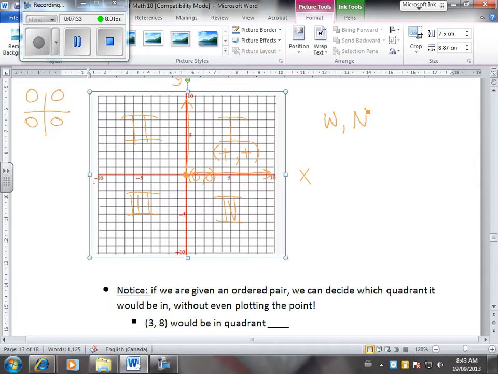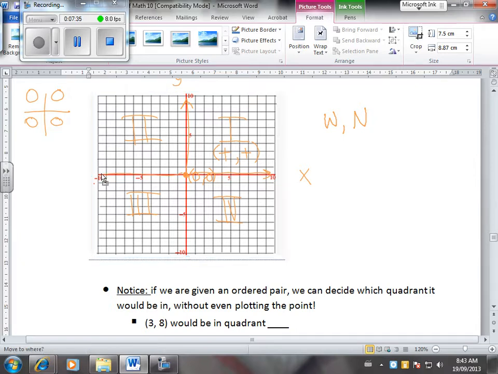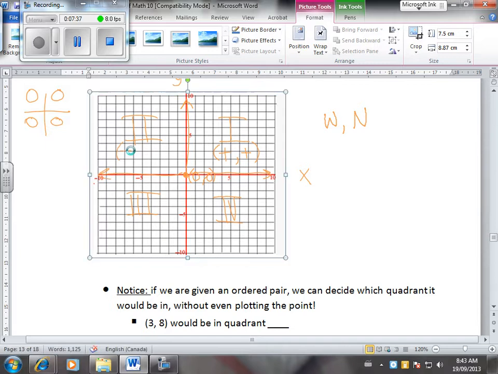Then in quadrant 2, my x's are all negative, but my y's are still positive. Okay? Down in quadrant 3, feel free to pause the video and try quadrants 3 and 4 by yourself.